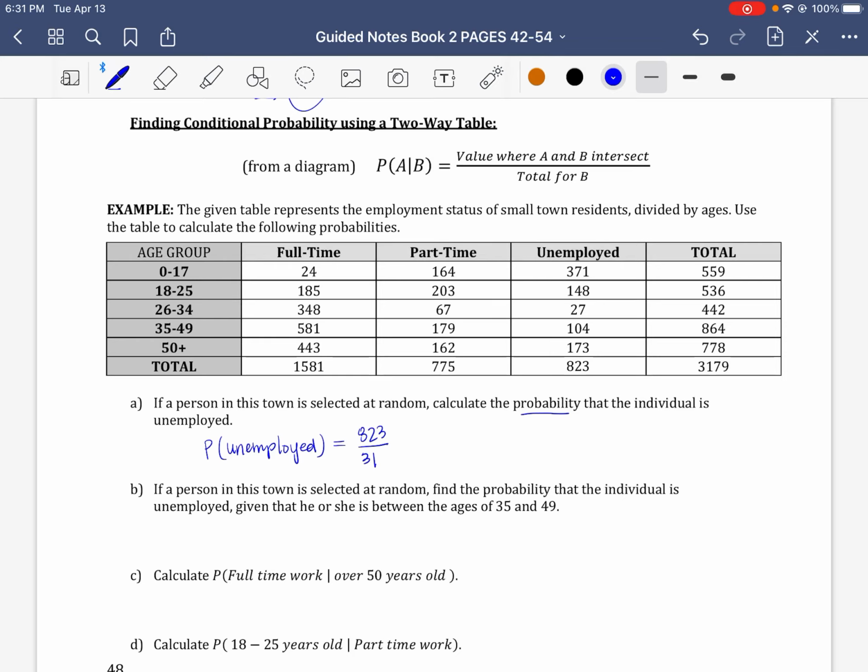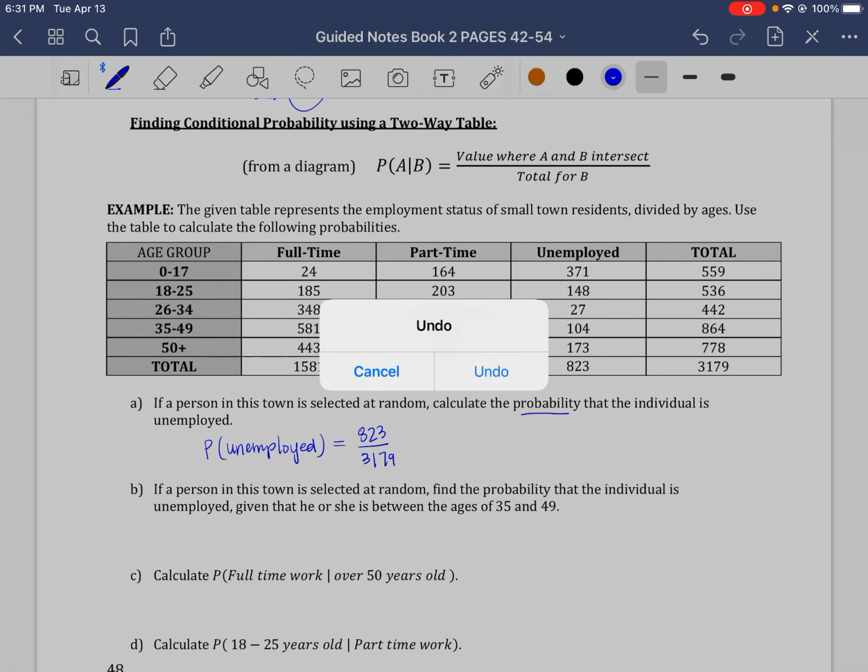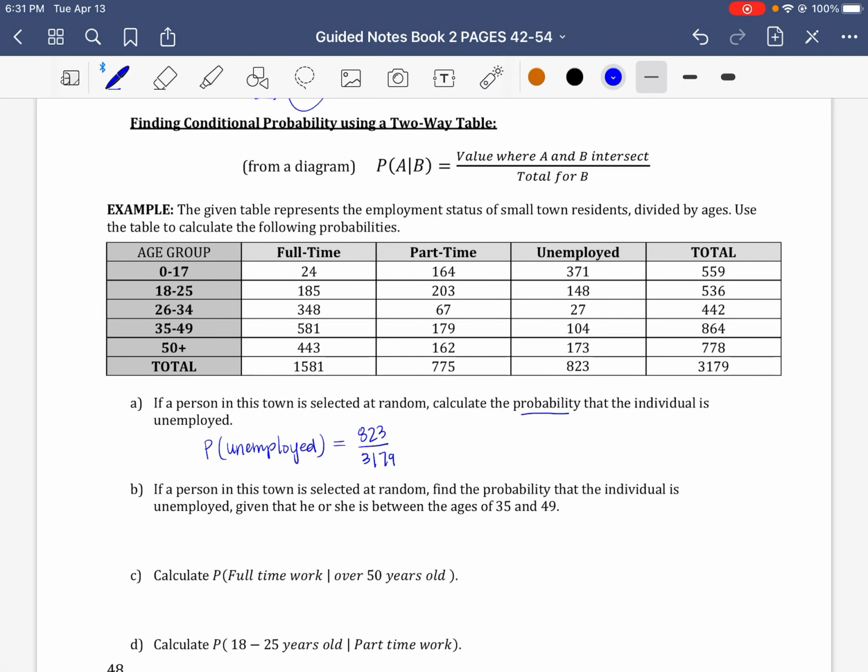So that would be 823 out of the total 3,179. Now, can I write that as a decimal? Can I simplify it? Absolutely. You can write it in any of the forms that you would like to. We'll just approximate it as a decimal for now.